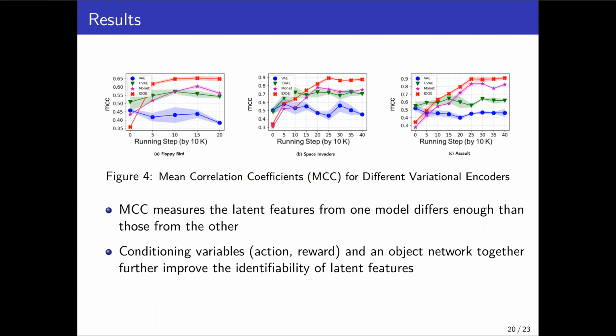As time goes by, the IMONet, which is denoted as IDOE in the previous version of this paper, outperforms the vanilla VAE and the other extensions, and we can conclude that the MCC measures the conditioning variables, which are action and reward, and an object network together further improve the identifiability of latent features.